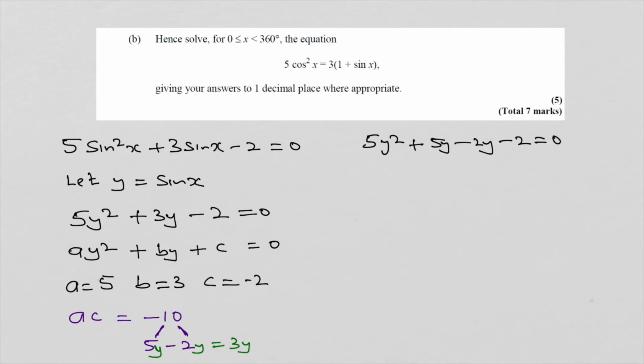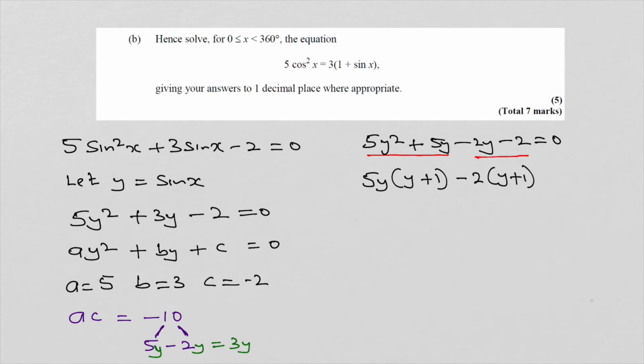So there's a common factor here, and that's 5y. And there's another common factor here, that's minus 2. So I can now say 5y open bracket y plus 1, and then minus 2 open bracket y plus 1.